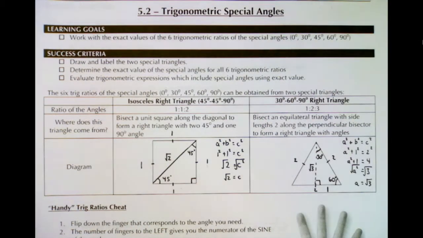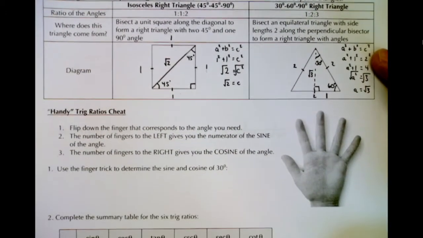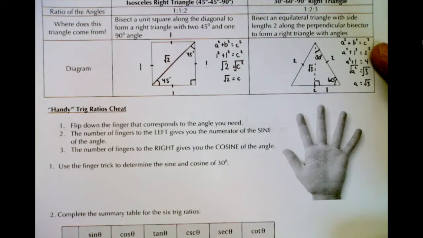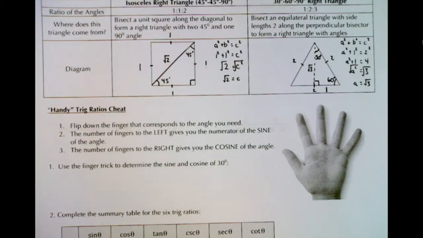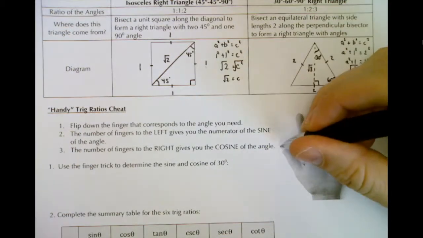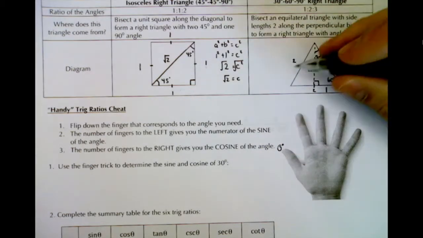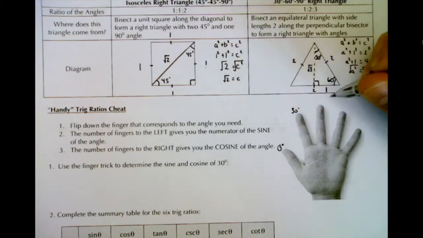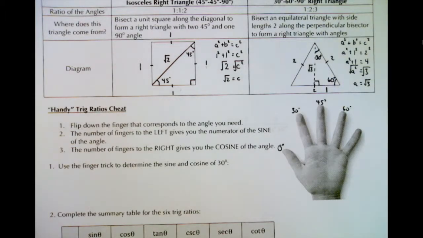Now, I have another way to get the trig ratios as well, and this one's using your hand. You will not be given a picture of your hand on your formula sheet. However, if you remember it, you can definitely use your hand to do it. The way it works is you label your fingers with 0, 30, 45, 60, and 90.